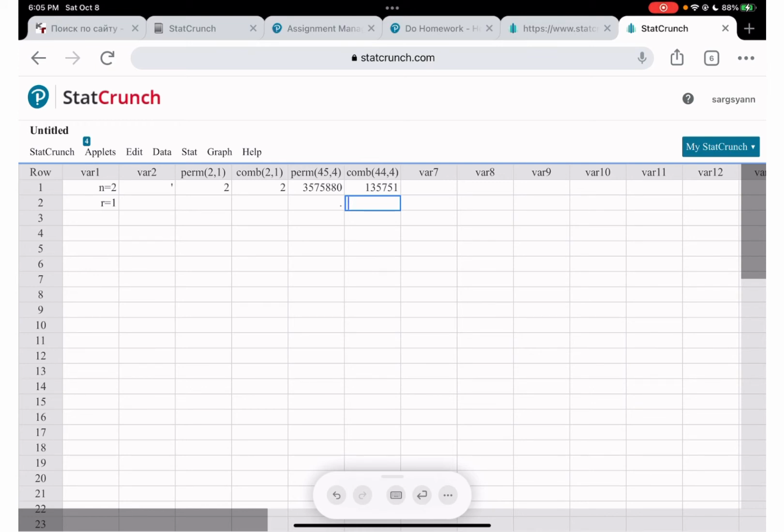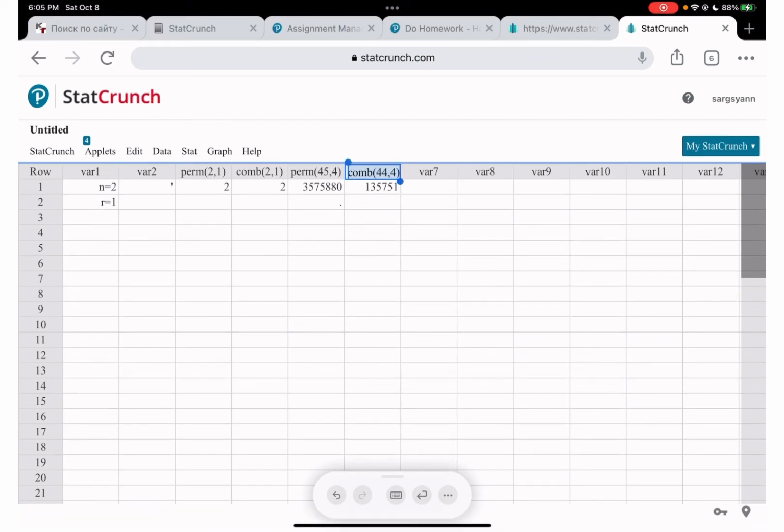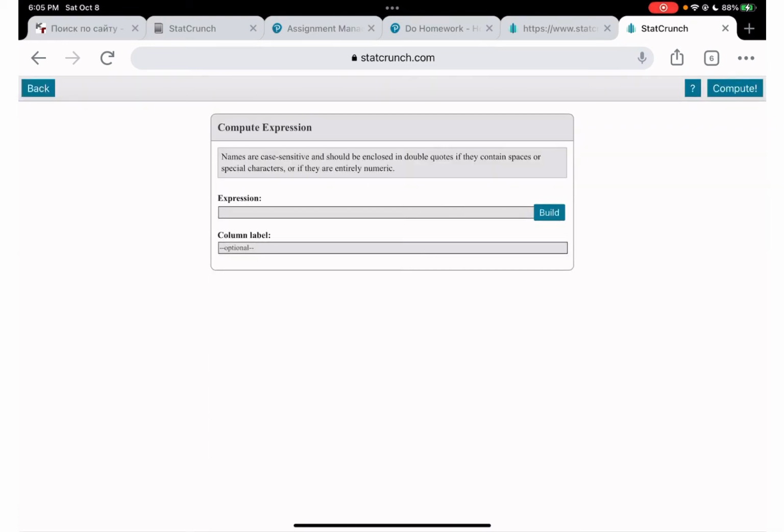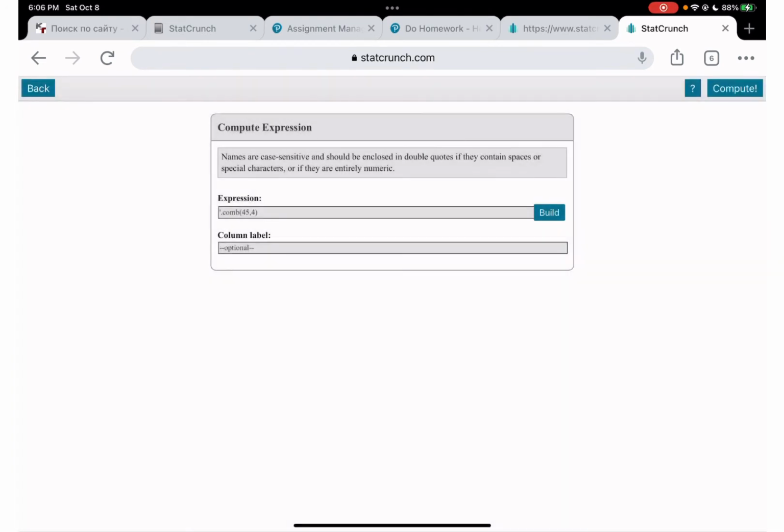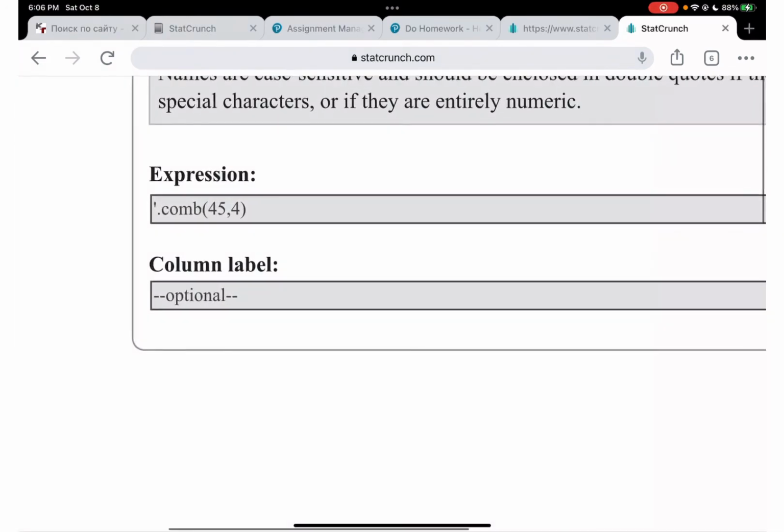Oh well, I have here 44. Okay, now wondering, let me see. I'll put COMB one more time, parentheses 45, comma 4, closing, same data. Why is it error? What's wrong? Again the same problem here.